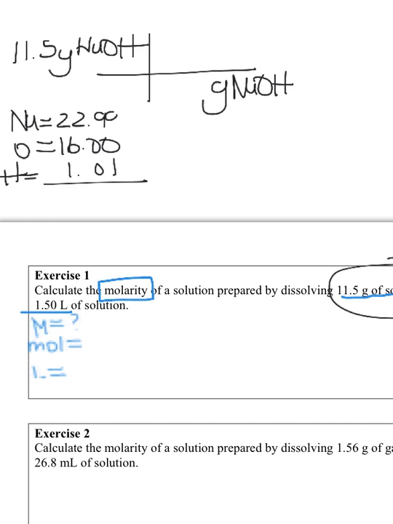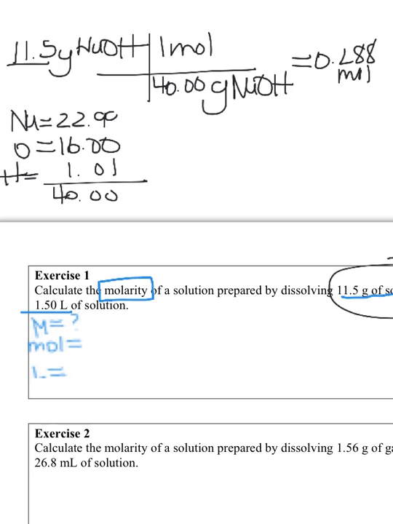Gives me a grand total of 40 grams per mole of sodium hydroxide. And if I round using 3 significant figures, 0.288 moles of sodium hydroxide.